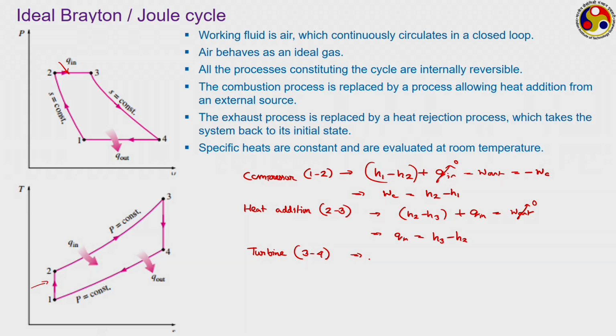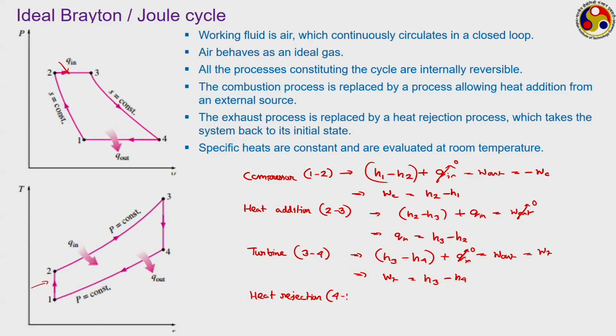Similarly, for this turbine we can write H3 minus H4 plus Q in is equal to W out, and in this case there is no heat transfer because it is isentropic, and W out is the turbine work which is our actual target. So, your W t is H3 minus H4.